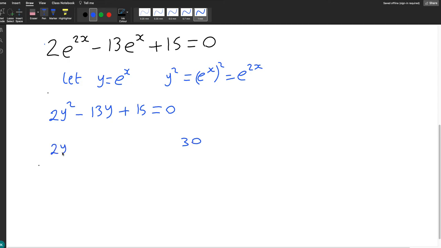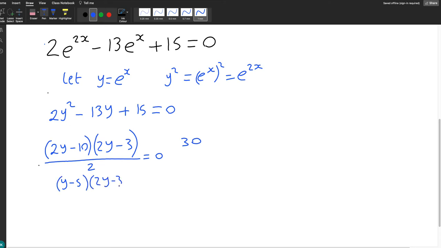So that's 2y minus 10 in the bracket, 2y minus 3, all divided by 2 to give me 0. And then I can divide the left bracket by 2, giving me y minus 5 times 2y minus 3. Again, guys, I think this hack is so much better than the other methods that are out there. I will attach a link to this somehow, and you guys can get access to that hack.